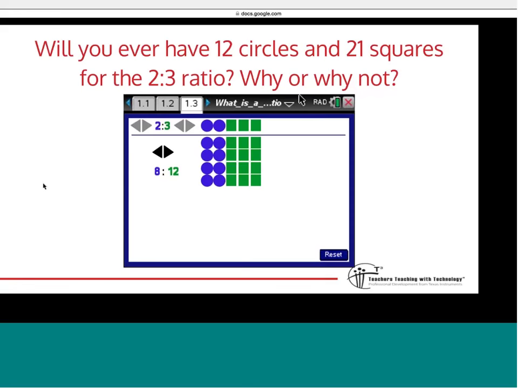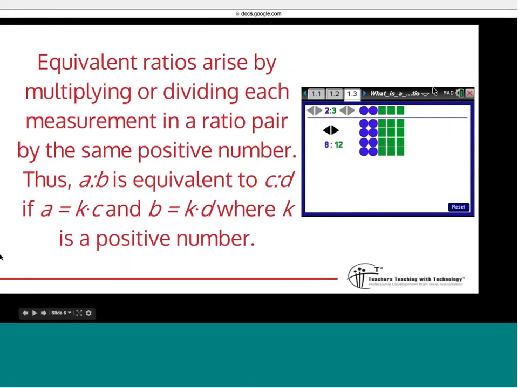And a second big idea that really comes out of this file relates to this definition of equivalent ratios and how this definition arose, if you will, from our work with this particular file. So take a minute and make sense of this definition of equivalent ratios.